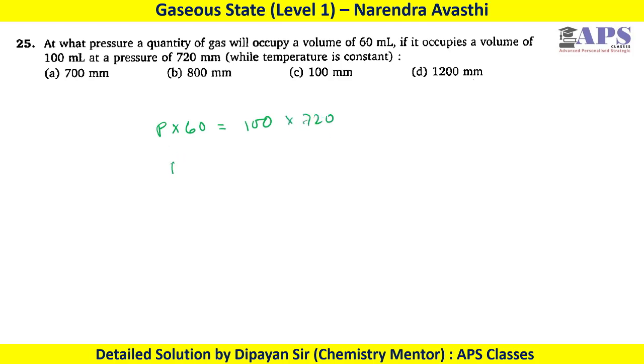From this we can easily calculate the pressure: divided by 60, it will become 1200 millimeter of Hg. So option D will be the correct option.